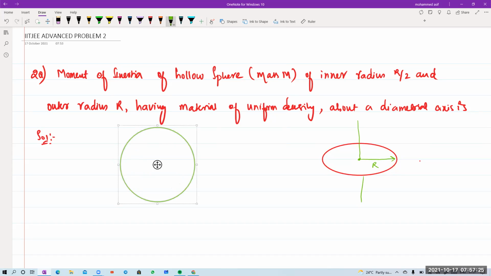This is your sphere and there is another sphere inside. Inner radius of this one is how much? R by 2. Outer radius is how much? Capital R. And this one is right now completely solid.